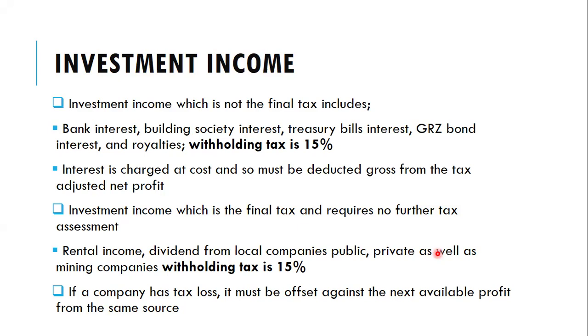When you're calculating taxable profit, where you deduct the non-taxable incomes, this is where you deduct rental income, dividend income, as well as dividends from private, public, and mining companies. But when we reach this section here, let me go back a bit.